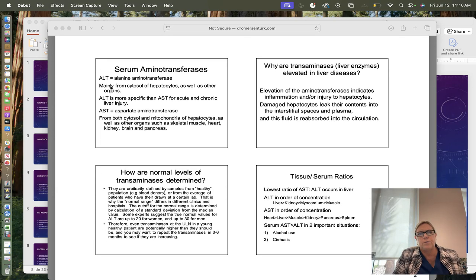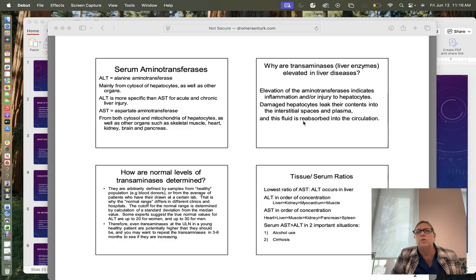So we went over ALT, mainly from the cytosol of the hepatocytes and other organs. It's more specific than AST for acute and chronic liver injury. AST is from the cytosol and mitochondria of hepatocytes as well as other organs: skeletal muscle, heart, kidney, brain, pancreas.